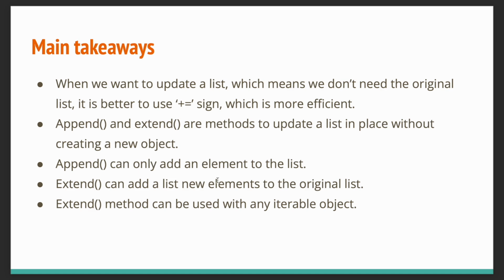And please note that the append method can only add an element to the original list, while the extend method can add a list of new elements to the original list. And the last point is that the extend method can not only add a list of new elements to the original list, it can also concatenate the original list with any iterable object, which we have tried before, that it can concatenate the list with a tuple or with a string.